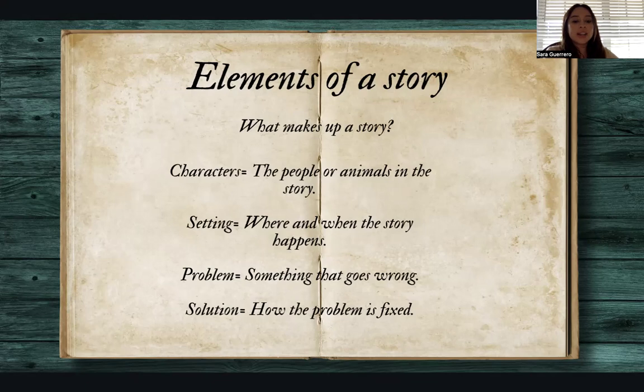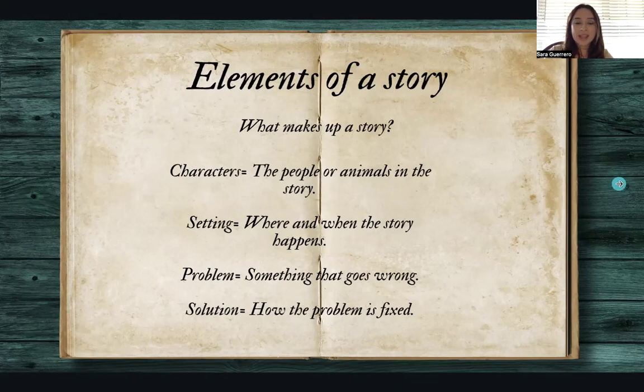So how are we going to fix the problem? A lot of the times, we have superheroes that come and save the day, or we have an amazing team that puts together a plan to get through certain things. And most stories go like that.